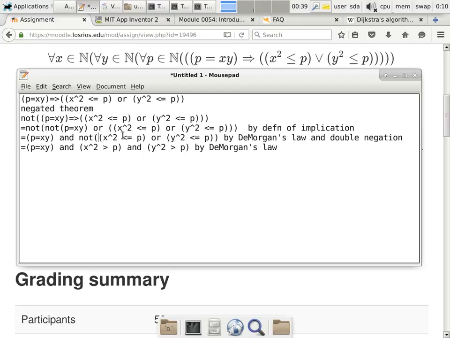But I'm asking about the y though. Why did you change the y? From less than or equal to greater than. Because I'm using De Morgan's law to distribute this not to both this component and also this component. All right? No, you only did it for the first one.